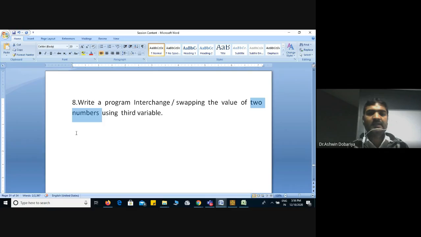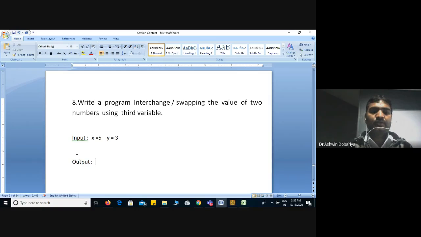So the first thing is, in this program we have to give 2 numbers as input, like X and Y. Let me give practical dummy data: X is equal to 5, Y is equal to 3. Then what output do I have to generate?